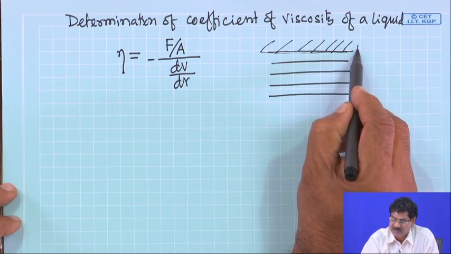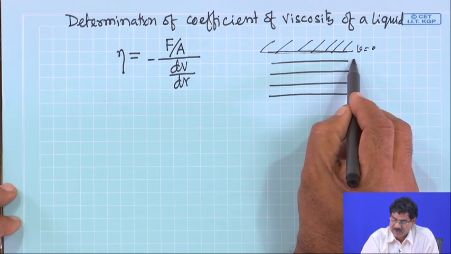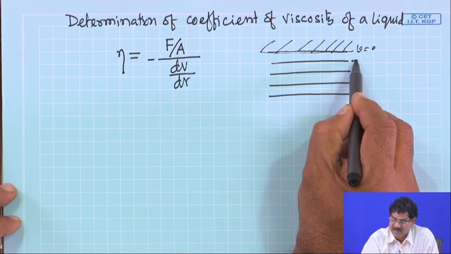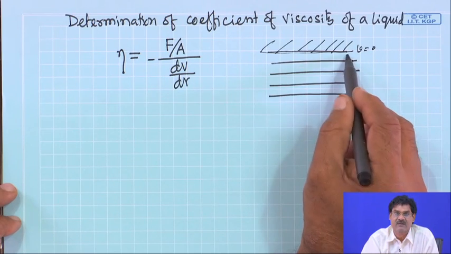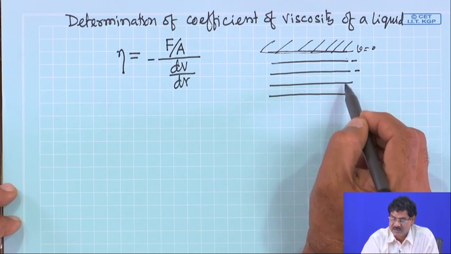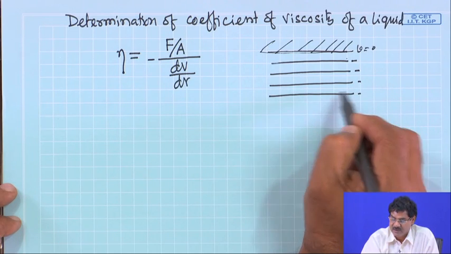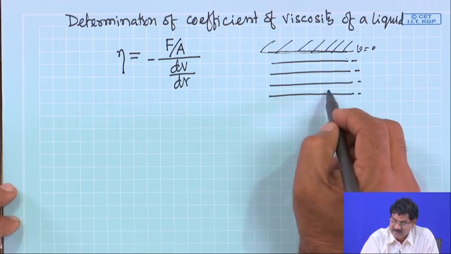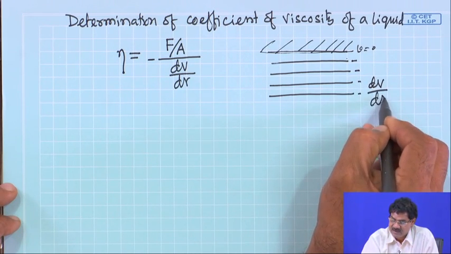So, here velocity is 0 basically. Now, the velocity of this layer and the velocity of the next layer are not the same, there is a velocity gradient. Okay. So, this velocity gradient is dV by dr.